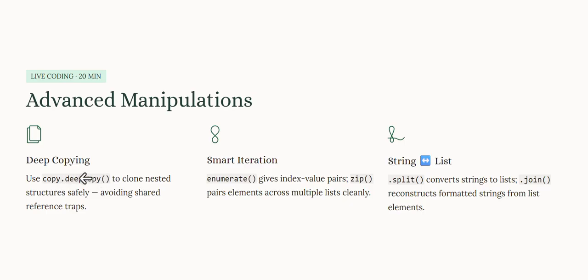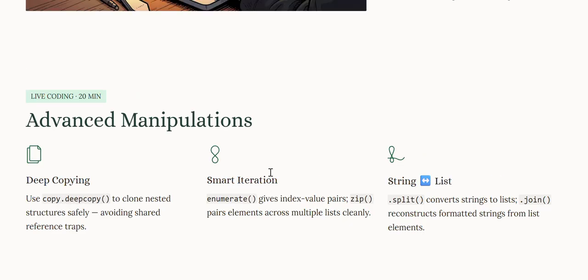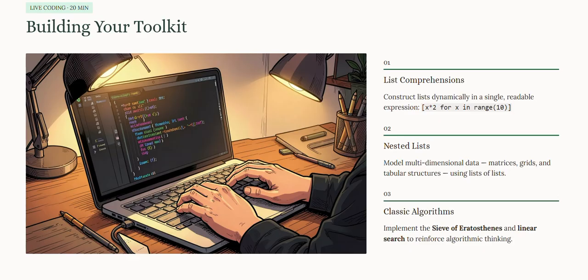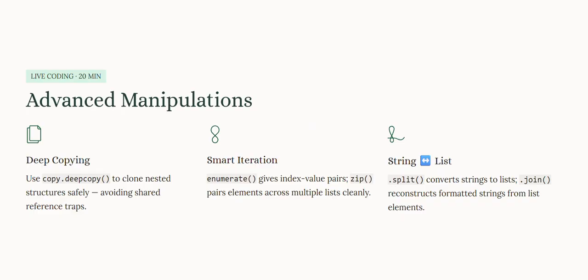You need to remember all of these things, like in the last slides also we saw: index, slicing, append, insert and remove, sort and reverse. All of these are necessary for you to remember, as these are going to be used later on.